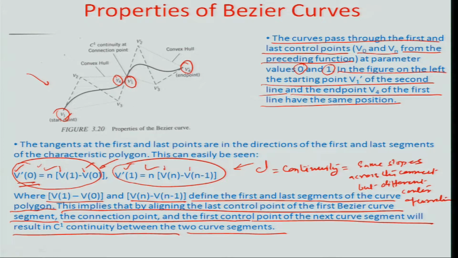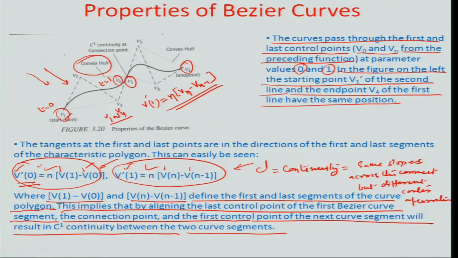So, obviously in this particular curve segment 1, which corresponds to the convex hull indicated here between V1 to V4, the slope at the last point corresponds to V dash 1. Obviously t equal to 0 at the first point, t equal to 1 at the last point, and this is equal to n times of (Vn minus Vn minus 1), as you had just seen in the last derivation.